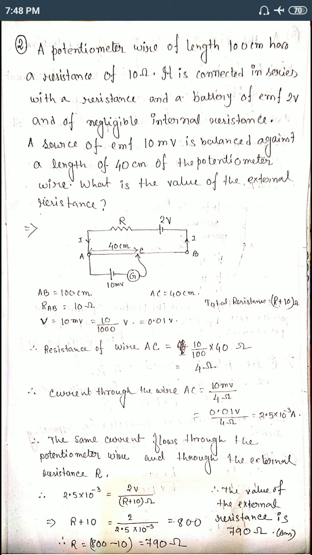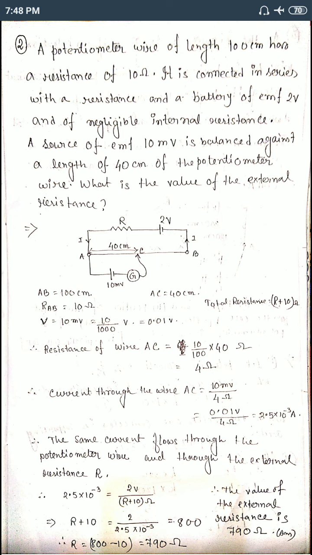V is given, that is 10 millivolt divided by 4 ohm. Just find it stepwise. First we find the resistance from that small circuit. We did not use the upper one because we did not know the R value. So that's why we use the small circuit.